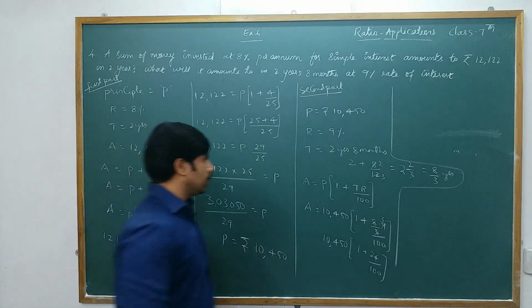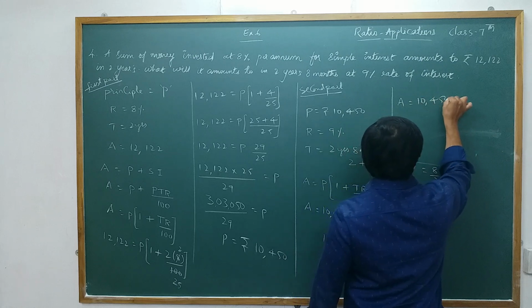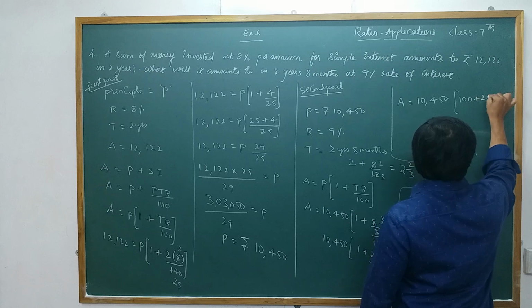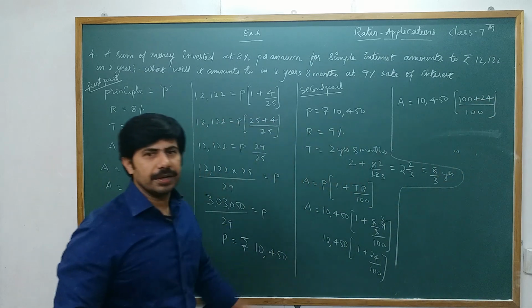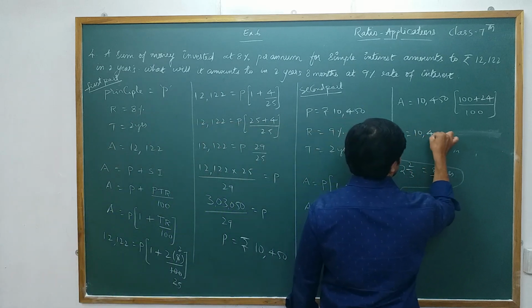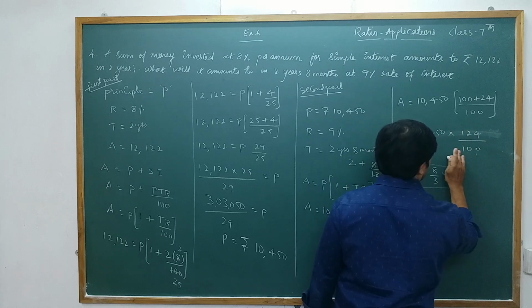Now we will take the LCM. So it is 10,450 into 100 plus 24 by 100. We took the LCM. Now amount is nothing but 10,450 into 124 by 100.